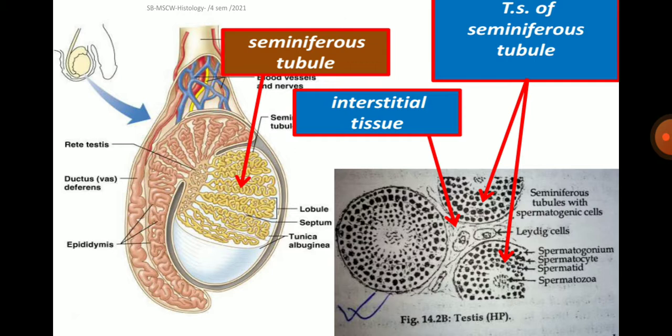The third diagram here will give you the sectional view of testis. Here there are cells which I just mentioned, the spermatogonia, spermatocytes, spermatids, spermatozoa, etc. That is, they are the spermatogenic cells which are seen in various developmental stages.